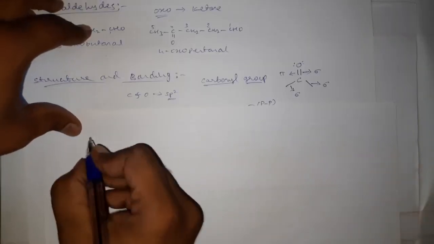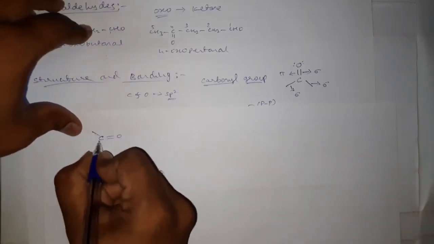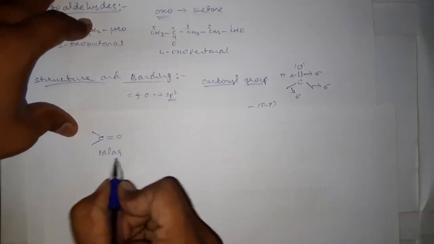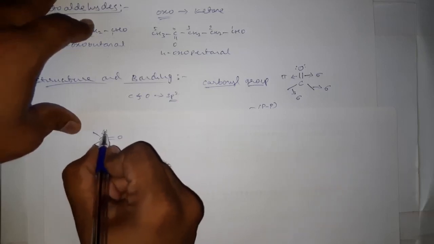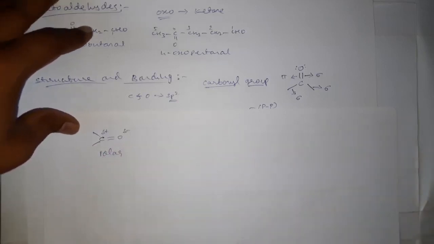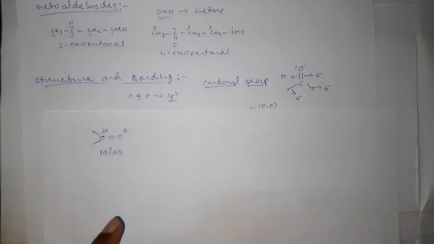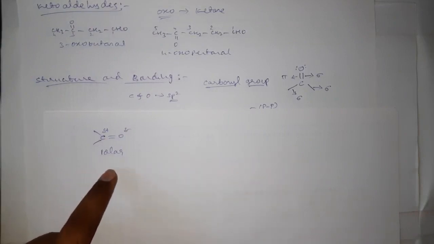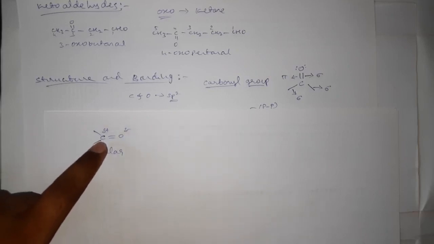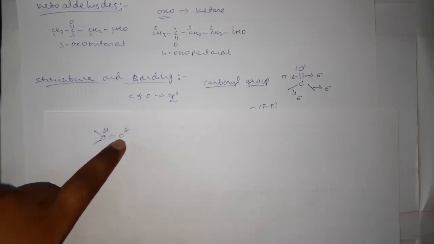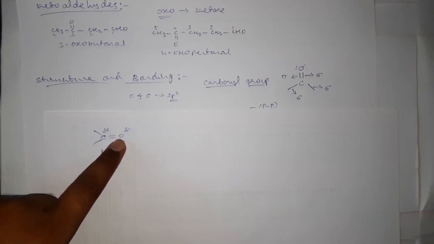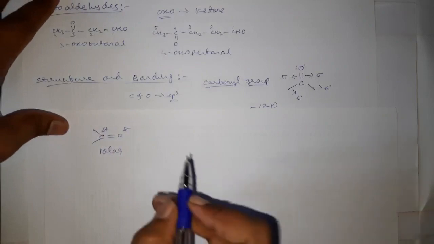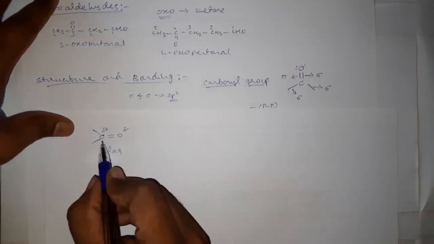Okay, the carbonyl group of aldehyde and ketone is a polar group. That means it has a partial positive charge on carbon and a partial negative charge on oxygen. The reason is only the electronegativity difference between oxygen and carbon.